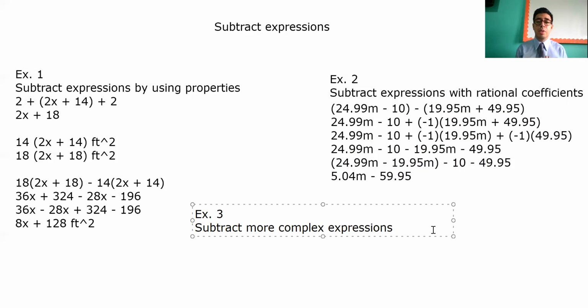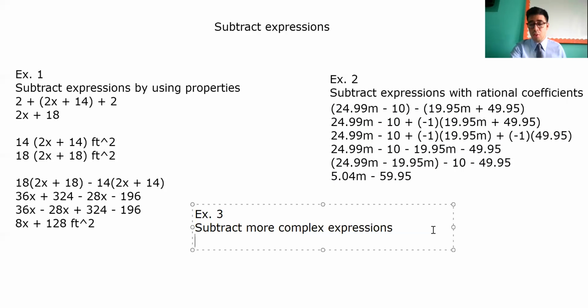You order the terms that have the same variable. So if we need to subtract more complex expressions, we have 5j minus 2q plus 2 over 5 minus 4 minus 3j minus 1/2 q.